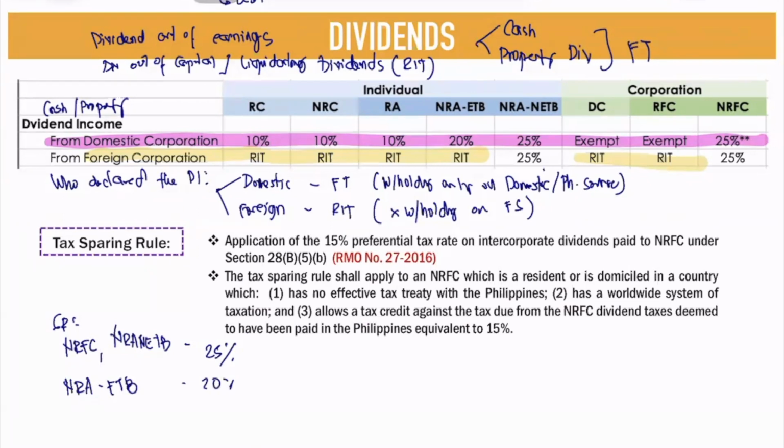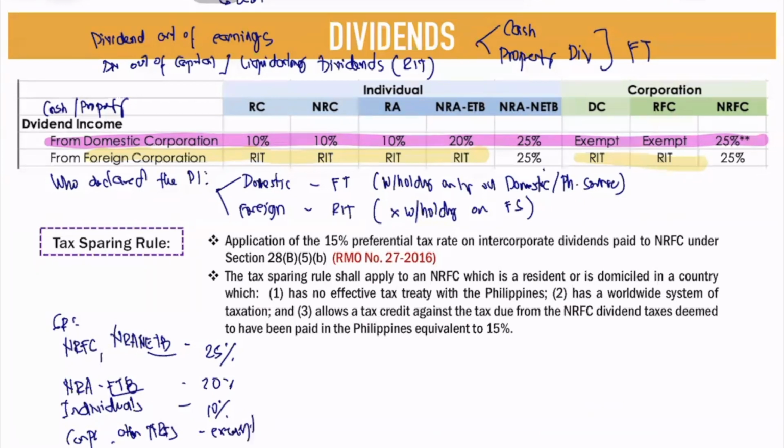For individuals other than NRA-ETB and ETB, 10%. For corporations other than NRFC, it is exempt.